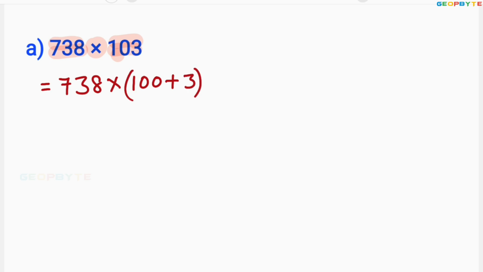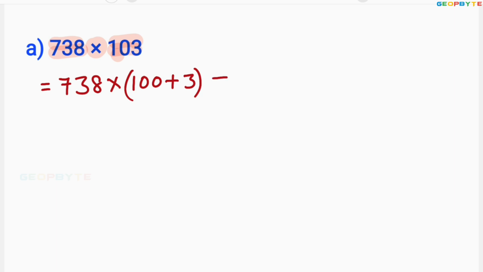Look at the bit A: 738 multiplied by 103. I am going to write this as 738 multiplied by (100 plus 3), since 103 equals 100 plus 3.